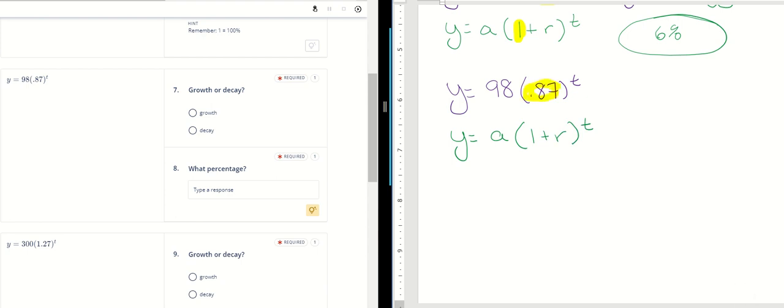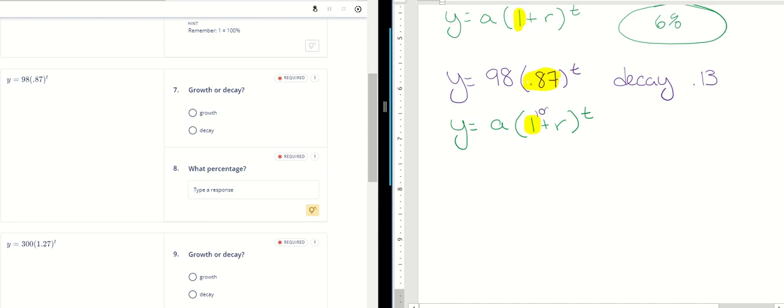This value right here has taken our original 1, which is 100% of something, and it's made it smaller. How much smaller has it made it? Well, we are looking at a decay of 0.13, and I got that through subtracting. We start with 100%, and we're taking away 87%. So how much of a decrease was that? A 13% decrease, which is why we are experiencing decay at a rate of 13%.